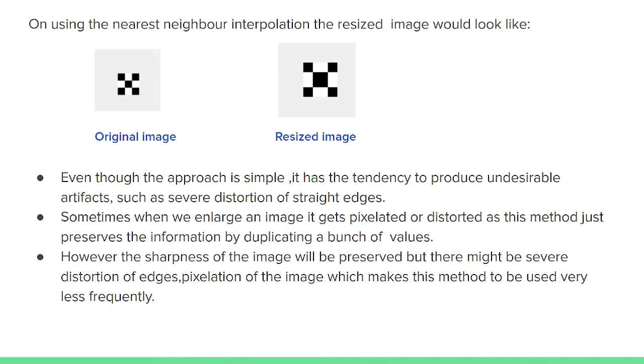You might have observed that whenever you enlarge an image, quite a few things appear pixelated. Why does this happen? Because this is what nearest neighbor is doing. It is just looking at its neighbor and duplicating the neighborhood. This is why the image gets pixelated, and this is why nearest neighbor is not often in use.